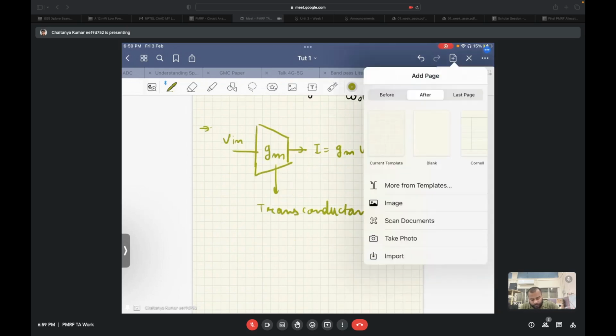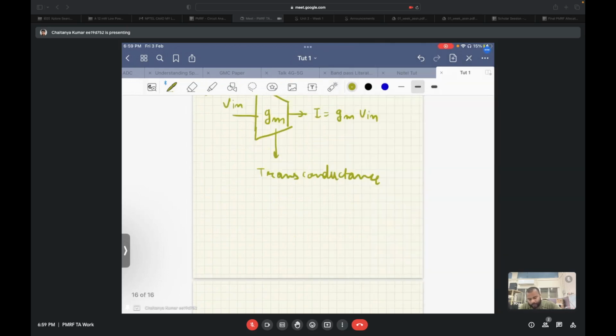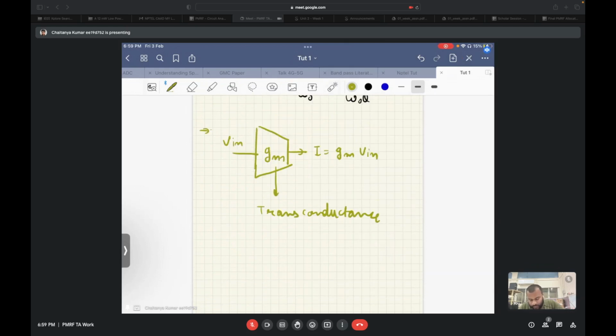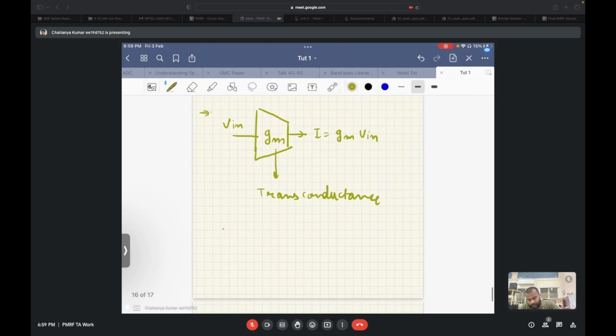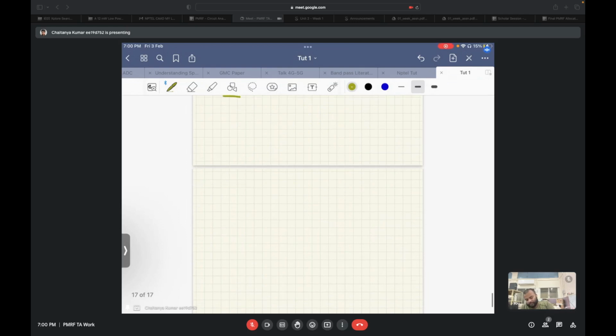Okay, so this is basically a voltage controlled current source. So we can use this to make second order filters as well.